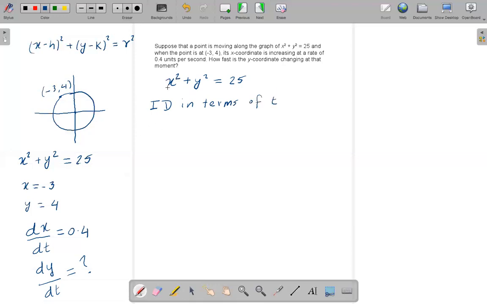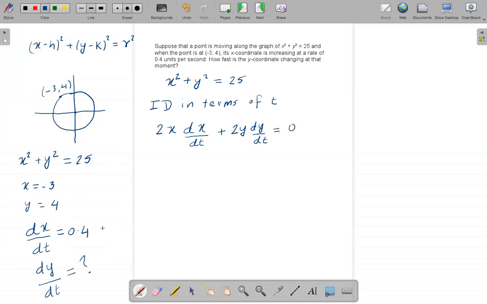I take the derivative of the whole thing, which gives us 2x, and then the derivative of x in terms of t, so dx over dt. Same thing for this one, 2y, and the derivative of y in terms of t is dy over dt, and the derivative of this number is 0.